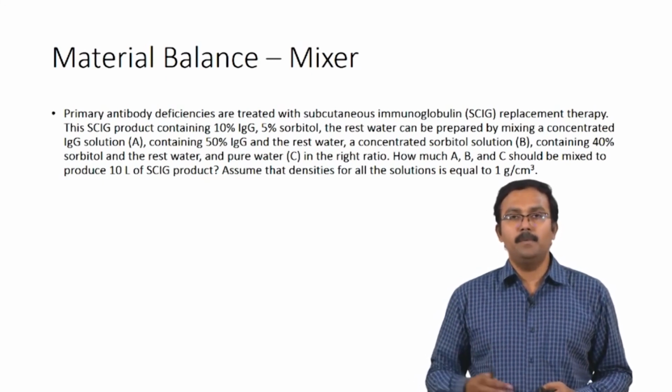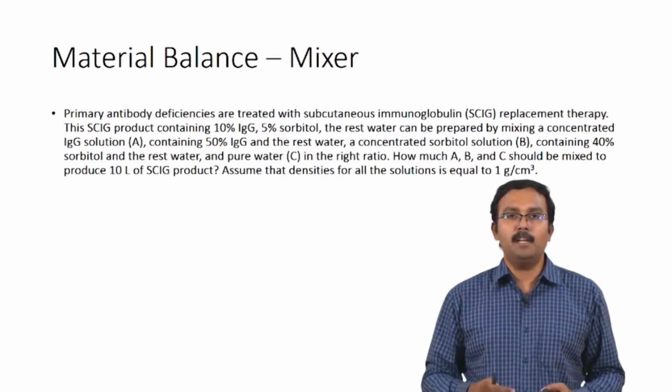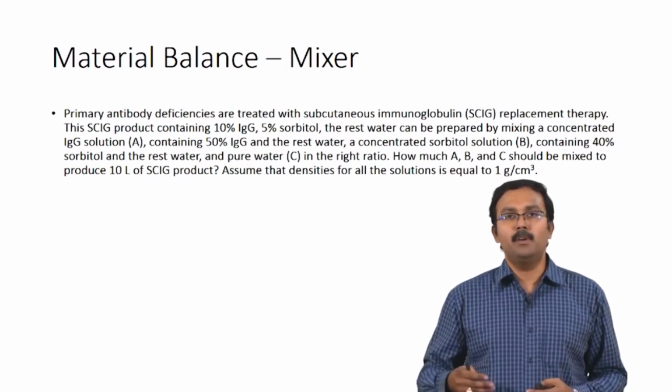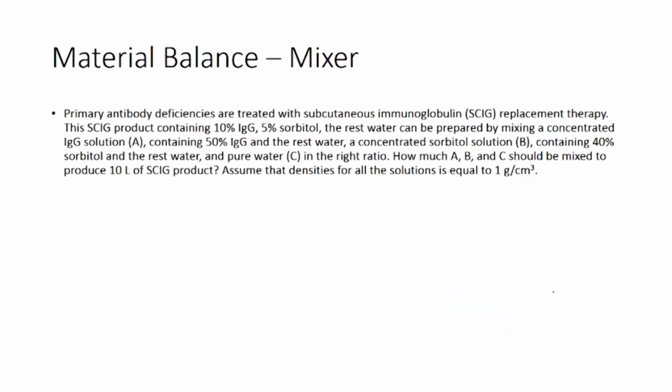I had also informed you earlier in the previous lecture that we should avoid volumetric flows and volumes for balances. So we should convert this volume into mass before we proceed and perform balance equations. So the basis which we use for this system would be 10 liters, which can then be converted to mass using the density of 1 gram per centimeter cube.